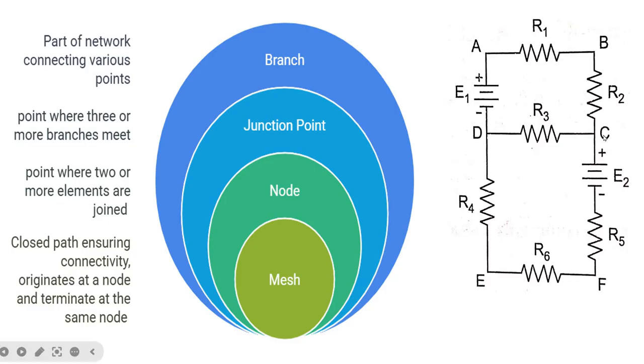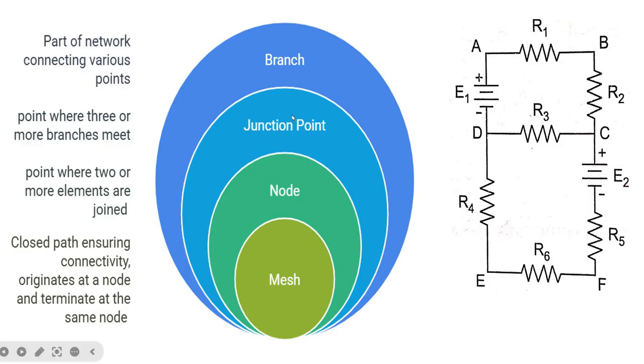Now, a junction point can be a node, but a node cannot be a junction point. Here A, B, F, E, D, C are all nodes. But A, B, F, E are not junction points, whereas C and D are both junction points.